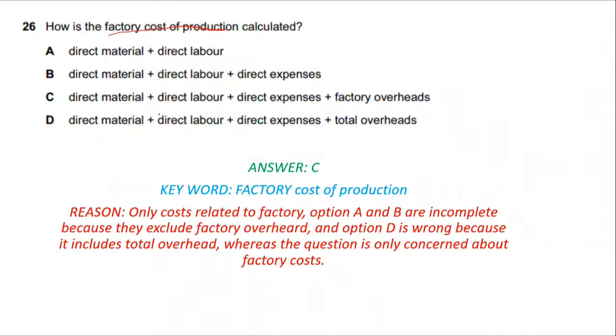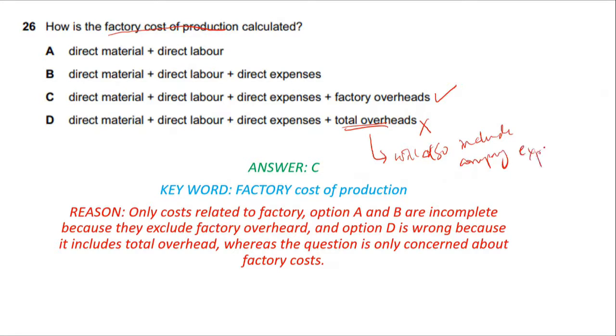Option C, direct material plus direct labor plus direct expenses plus the factory overheads. This seems more complete than the last two options. Option D, direct material plus direct labor plus direct expenses plus total overheads. Now, this is wrong. Total overhead will also include company expenses.